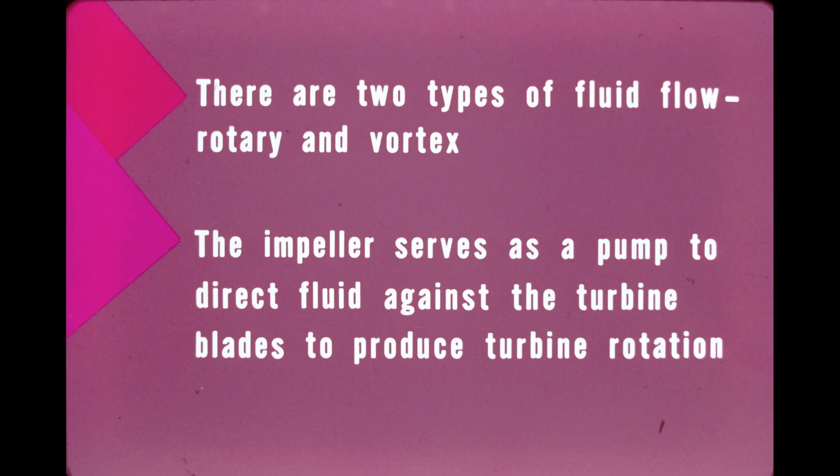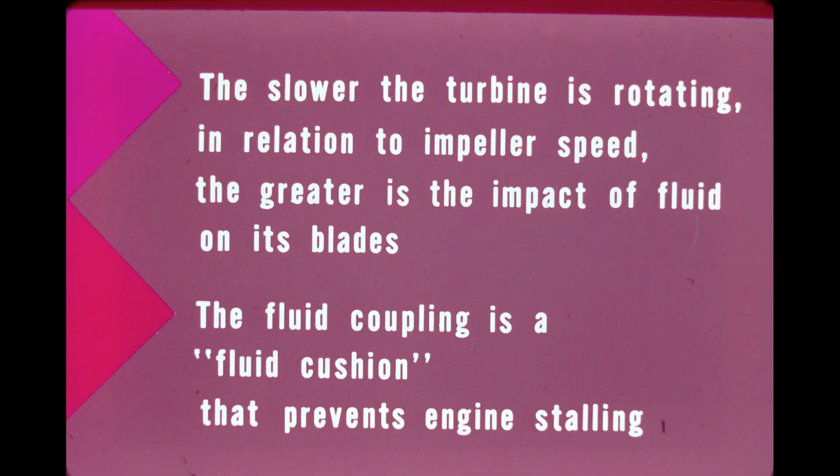The impeller is driven by the engine and serves as a pump to direct fluid against the turbine blades to produce turbine rotation. In relation to impeller speed, the slower the turbine rotates, the greater the impact of fluid on its blades. And the fluid coupling serves as a fluid cushion to prevent engine stalling and to reduce shock loads to the drivetrain.